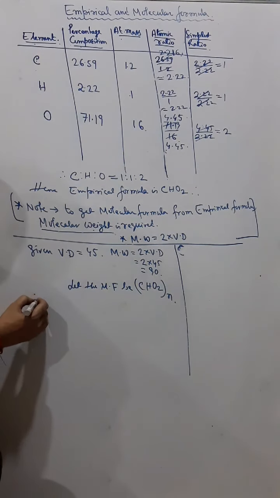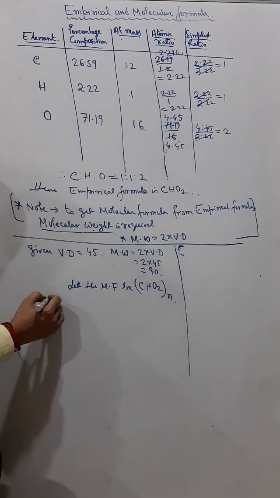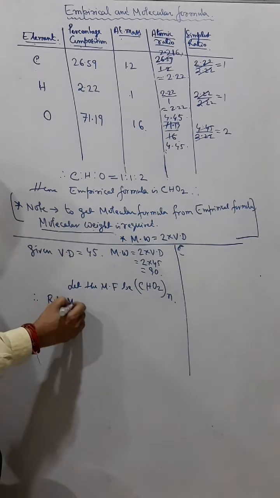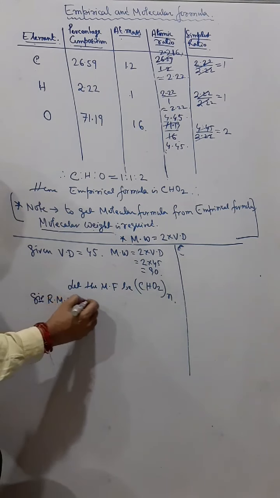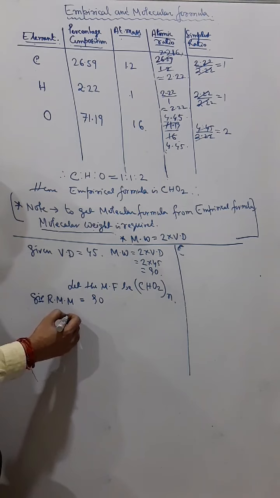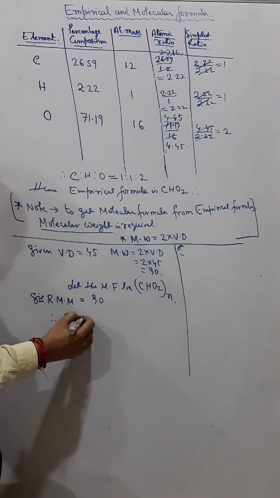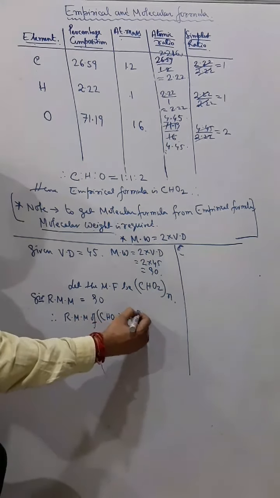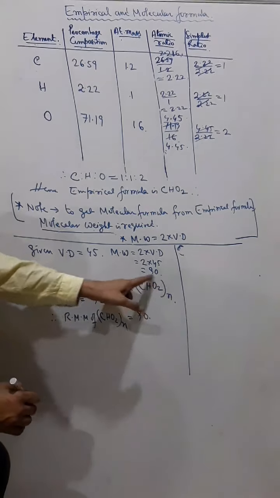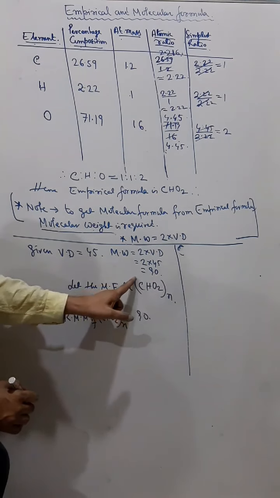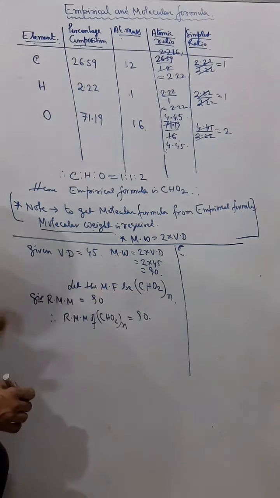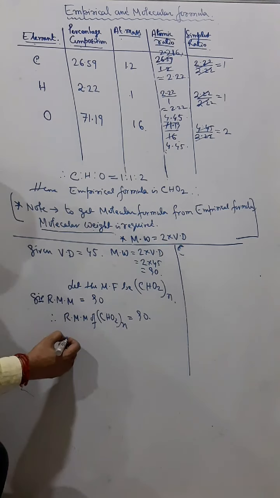Now it's given that the RMM, that's the relative molecular mass or the molecular weight, is 90. Given RMM is equal to 90, therefore you can say RMM of (CHO2) whole N is equal to 90. Since this is the molecular formula, the total relative molecular mass should be 90. So just get the RMM of this.